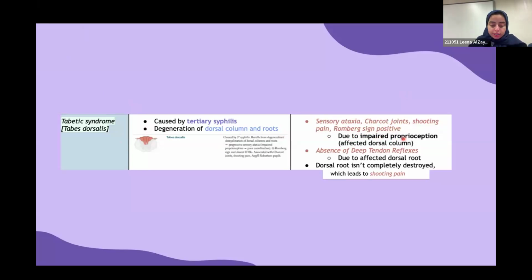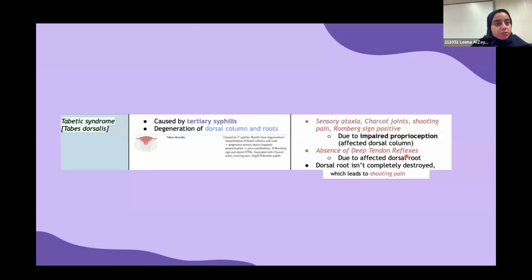I'm just gonna double check something because I searched Romberg sign. Oh, it's when you're not able to stand straight if your eyes are closed. You're not able to walk straight if your eyes are closed because conscious proprioception is not working. Okay, so you're gonna have impaired conscious proprioception. So that's what Romberg sign is.